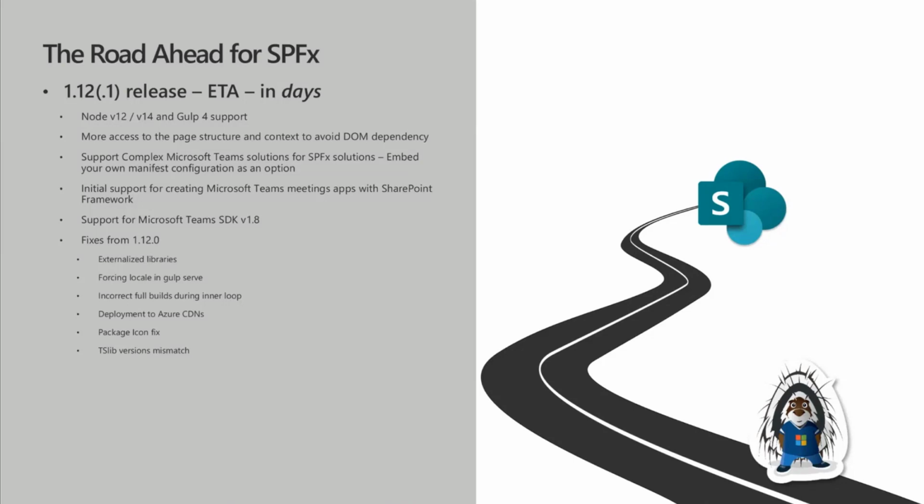Just like was mentioned before, we are keeping our journey in making SharePoint Framework the development framework for Microsoft Teams as well as for SharePoint. So we are adding a couple of new functionalities to make better solutions using SharePoint Framework on Microsoft Teams.